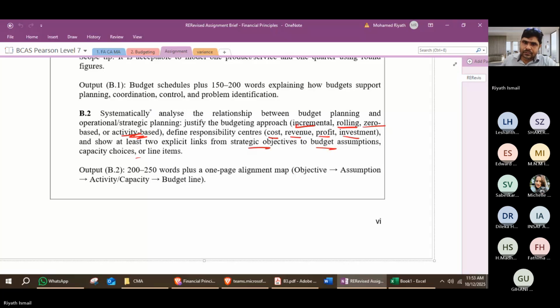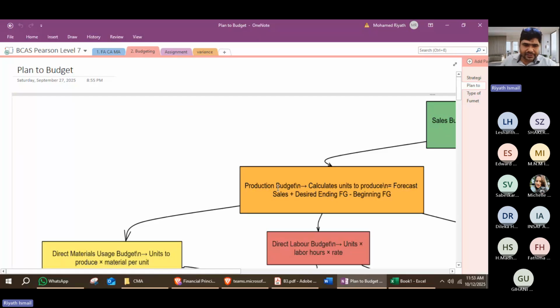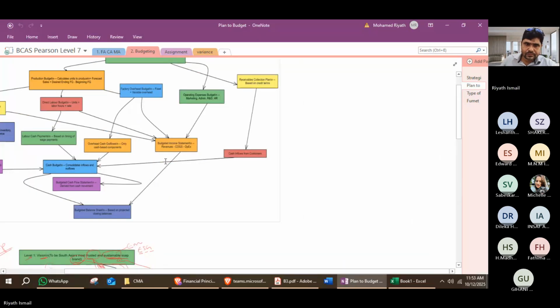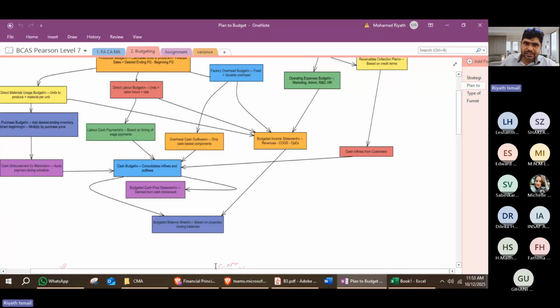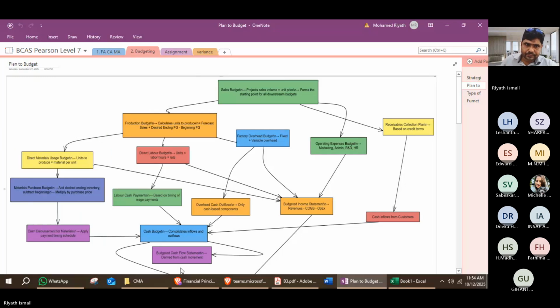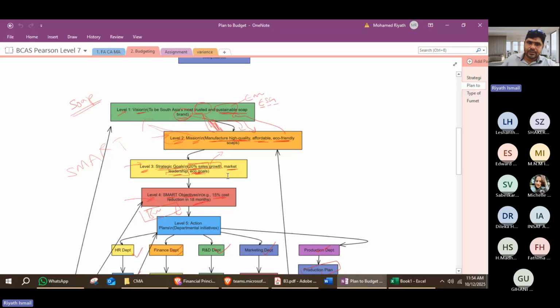For that, you look at the budgeting. This is a budget.